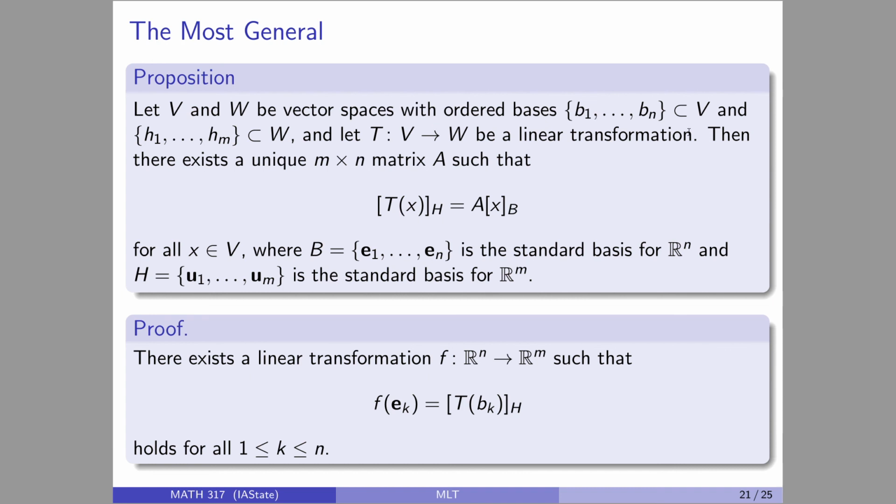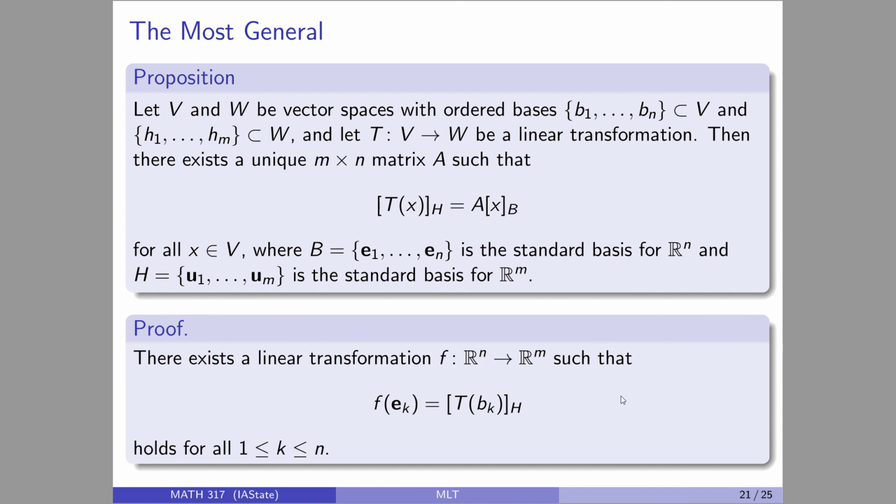So we'll feed the basis elements into T. Those live in W, and with respect to H, they have coordinates. And we can create a linear mapping from Rn to Rm by sending the basis elements of Rn to these coordinate vectors in Rm for the output of T with respect to H. So, as you can see, there's a lot of hoops you need to jump through.